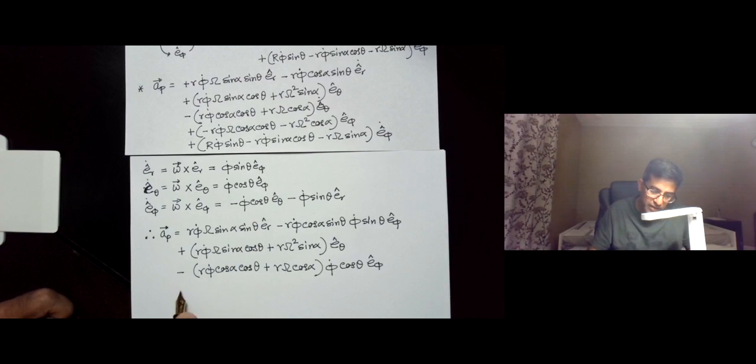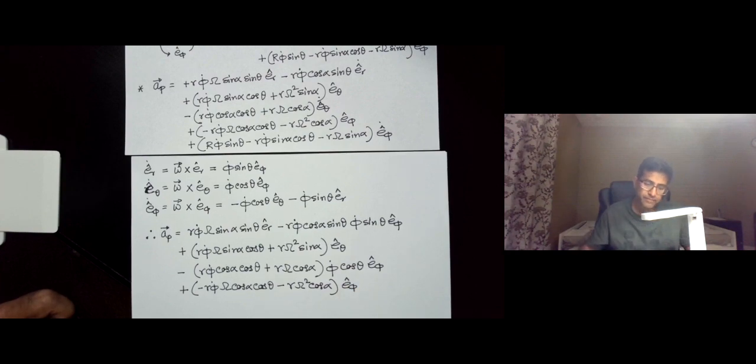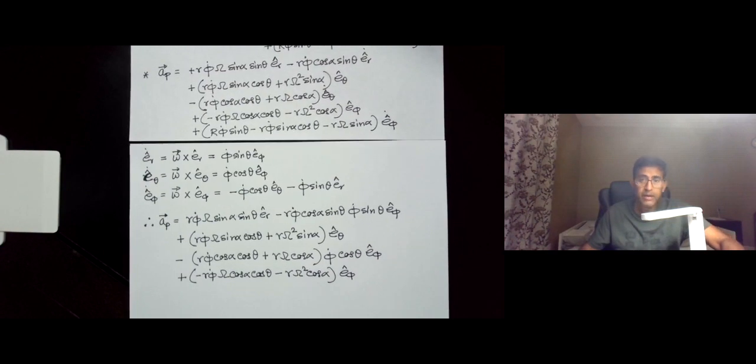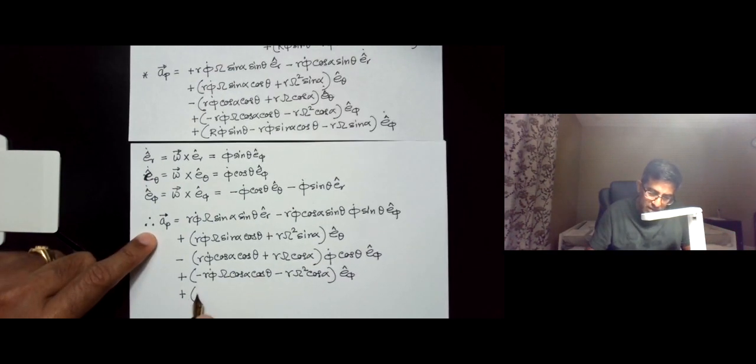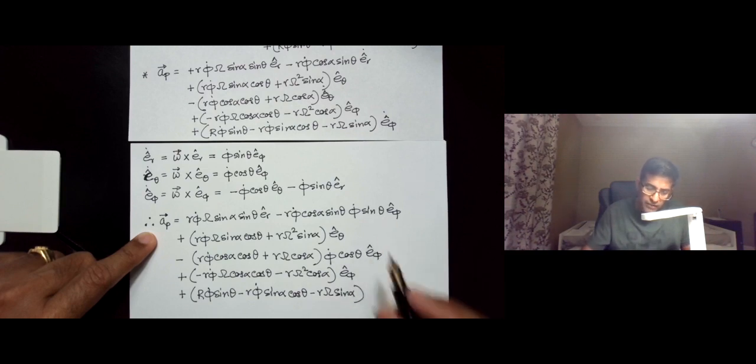And then we have plus minus R phi dot capital Omega cosine alpha cosine theta, minus R capital Omega squared cosine alpha E phi, and we have plus capital R phi dot sine theta minus R phi dot sine alpha cosine theta minus R capital Omega sine alpha times, now E phi dot is minus phi dot cosine theta E theta minus phi dot sine theta ER.